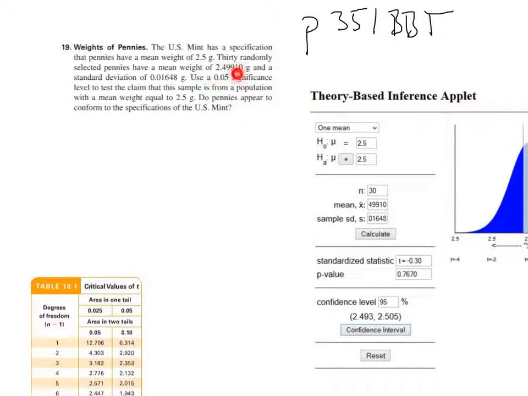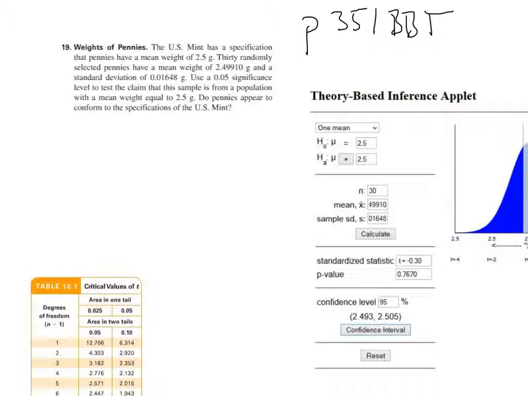We could go out and do a sample of another 30 pennies and have averages equal to 2.5 or just a little bit more than 2.5, and that's why I went with a two-tailed test, because I don't know if it's greater than or less than, I just want to know that it's different from. Then you can do the test statistic, and I let the software do that, and I came up with a t-score of negative 0.3.